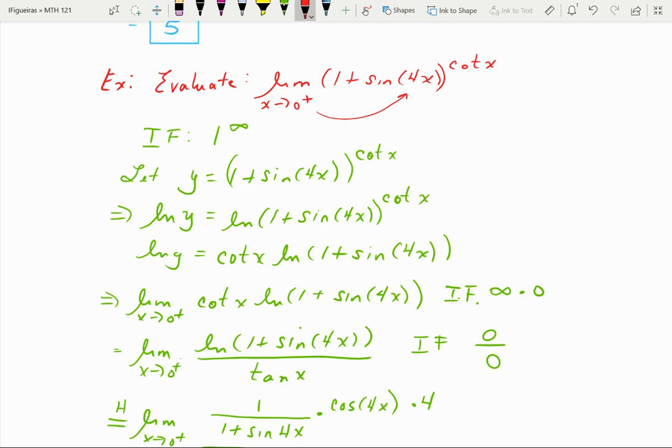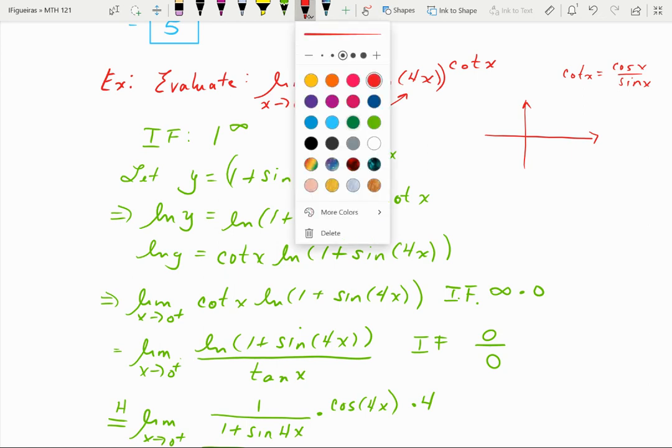And cotangent at 0, well, again, it helps if you know what the graph looks like. Remember, cotangent is equal to cosine over sine. So everywhere that sine is equal to 0, your cotangent function will be undefined.